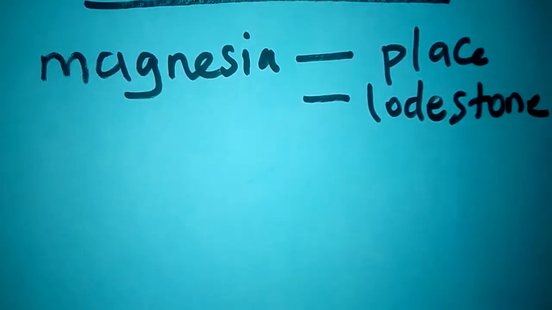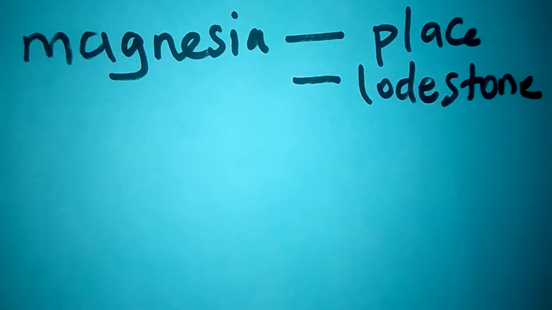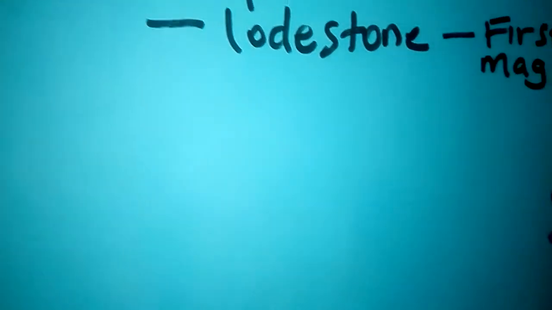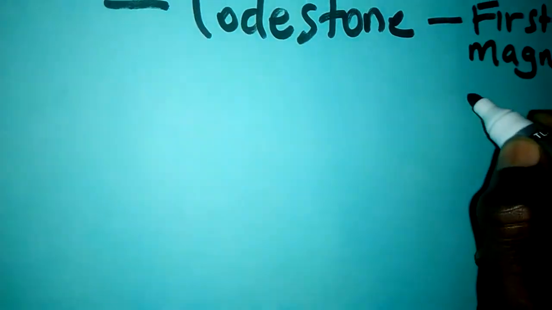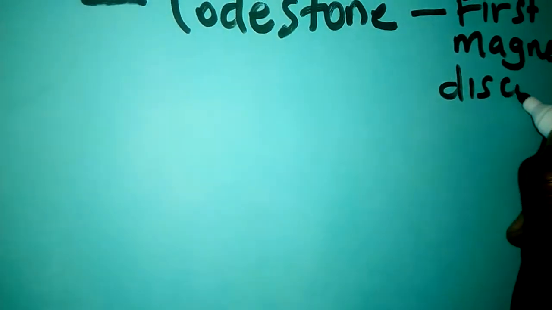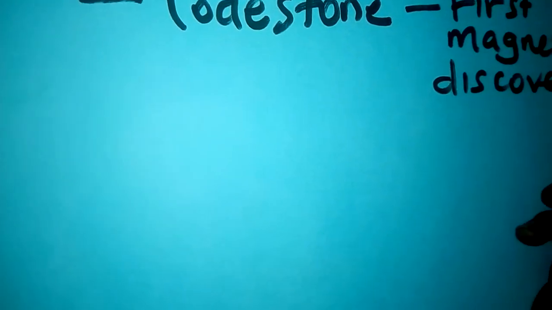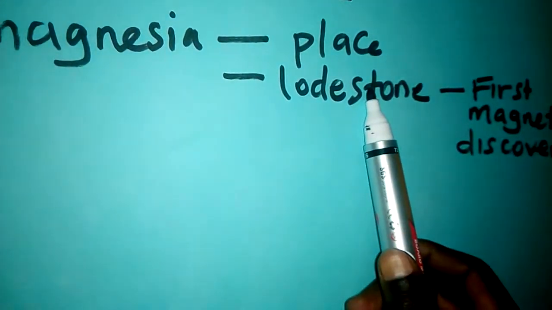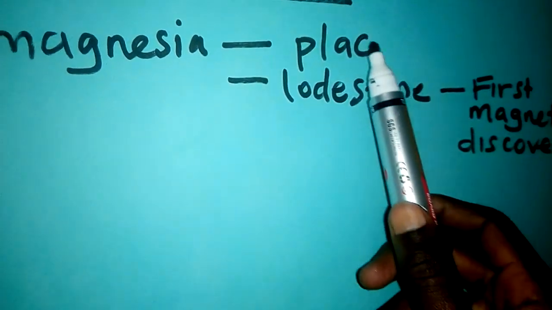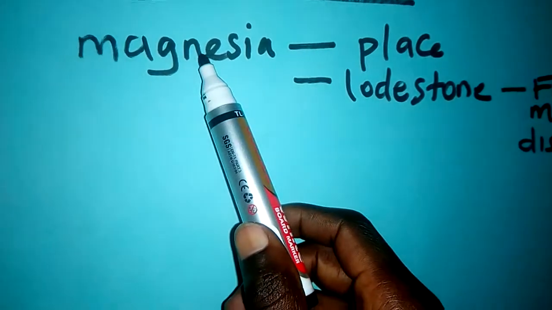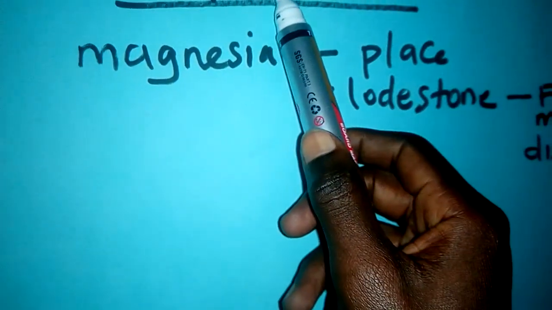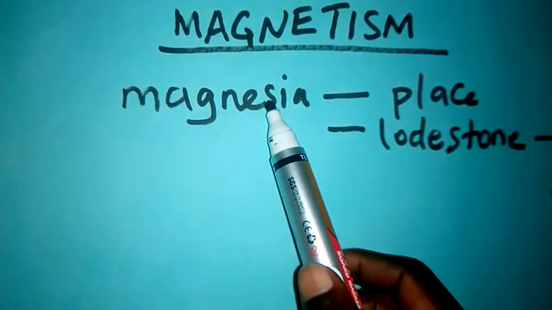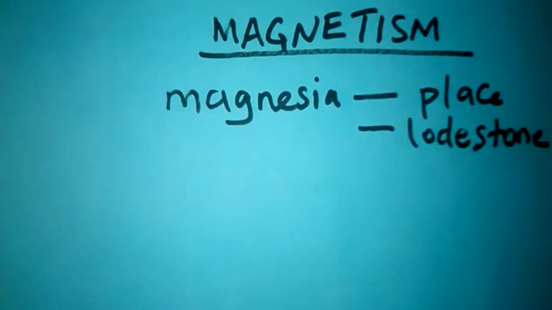So lodestone was the first magnet ever discovered. The first magnet was called lodestone and was discovered from a place called what? Magnesia. That's where this word magnetism comes from.